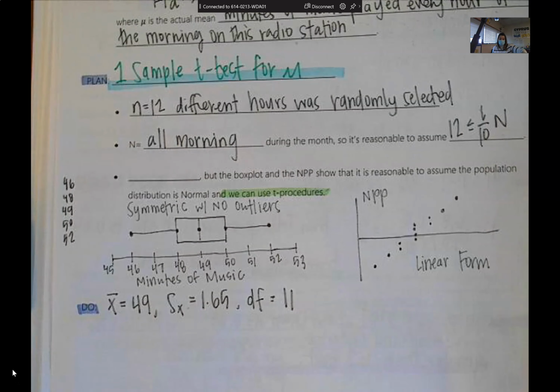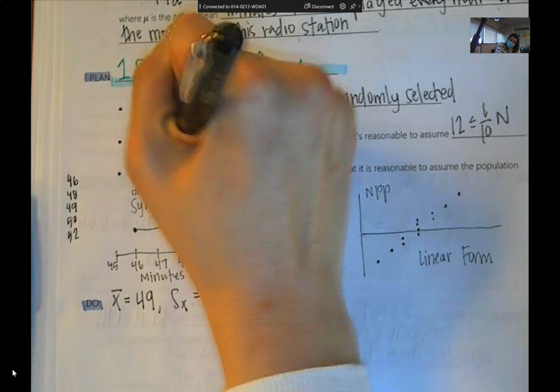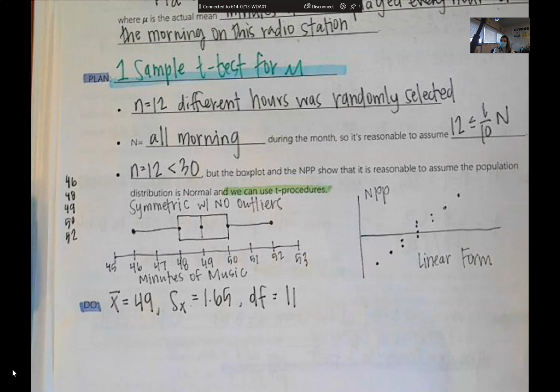So this last blank is: n is 12, which is less than 30, but the box plot and the NPP show that it is reasonable to assume the population distribution is normal.